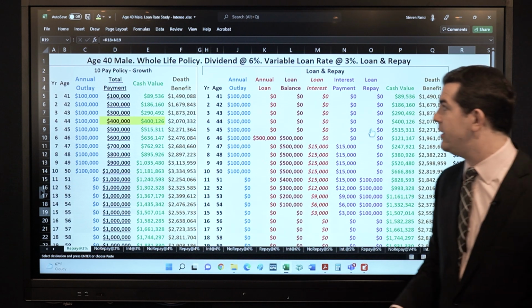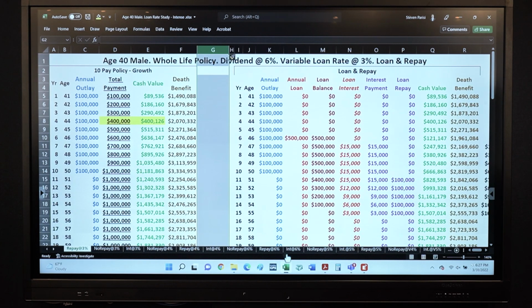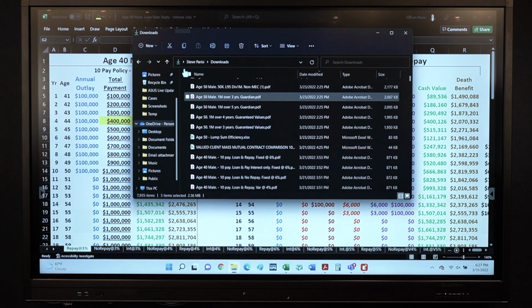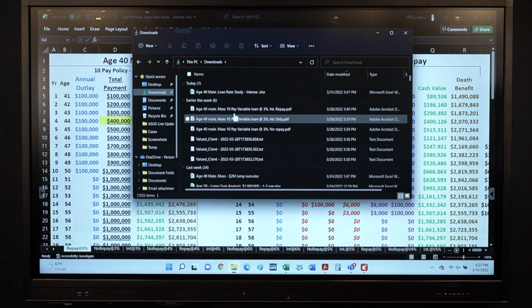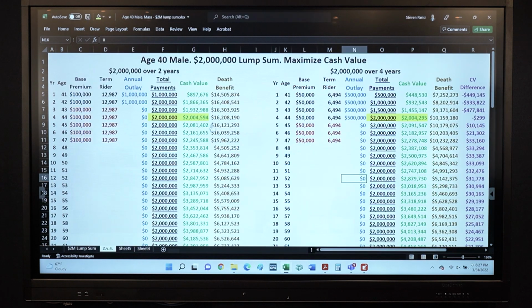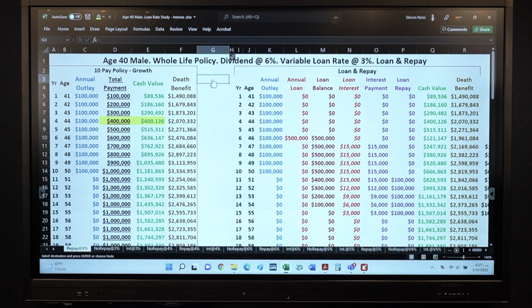Another thing we could look at here is what is my net earnings rate? Because your cost to borrow is what? 3% flat. Let's take a look here. Beautiful. I love it when a plan comes together.